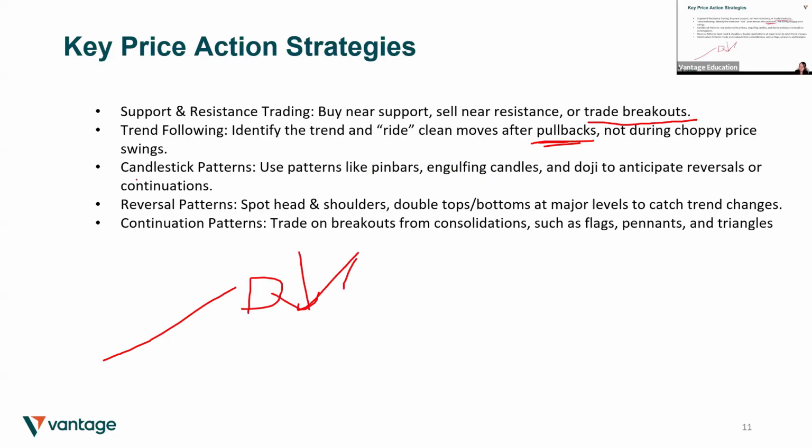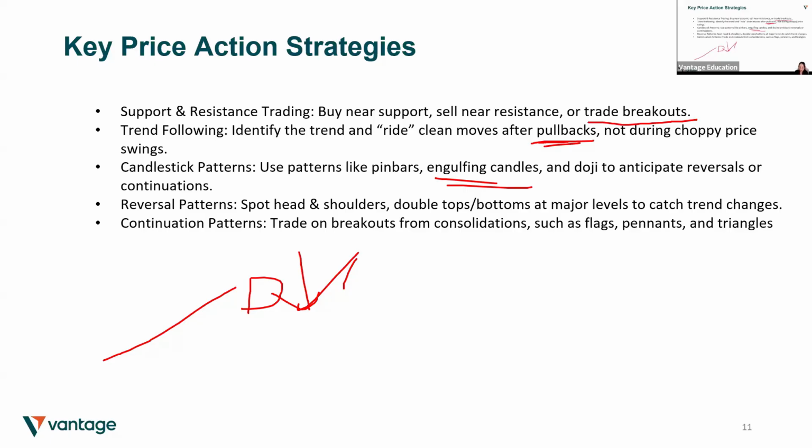Candlestick pattern: use patterns like a pin bar, engulfing candle or doji to anticipate reversal or continuation. So engulfing candle, in smart money concept or ICT, they will say OB or order block.